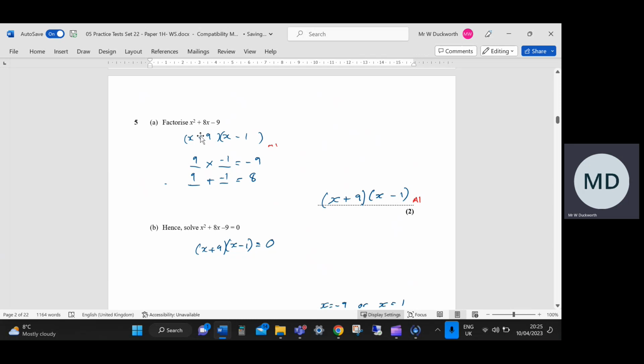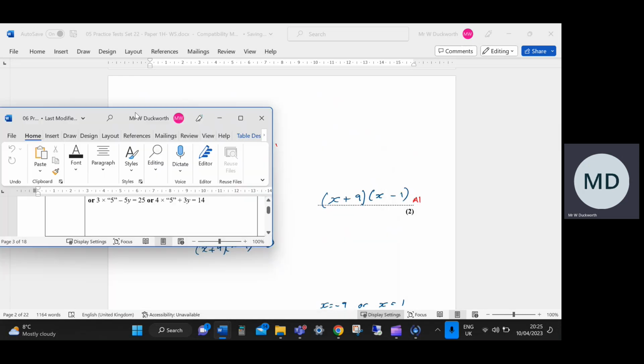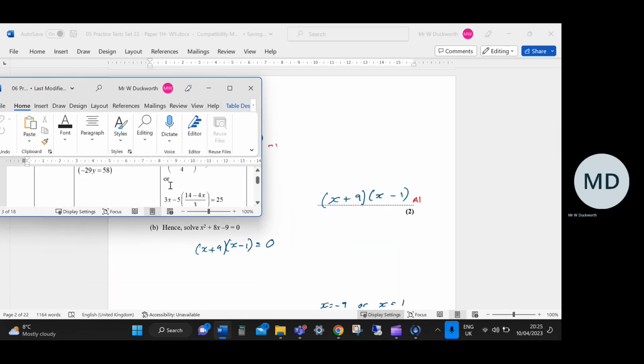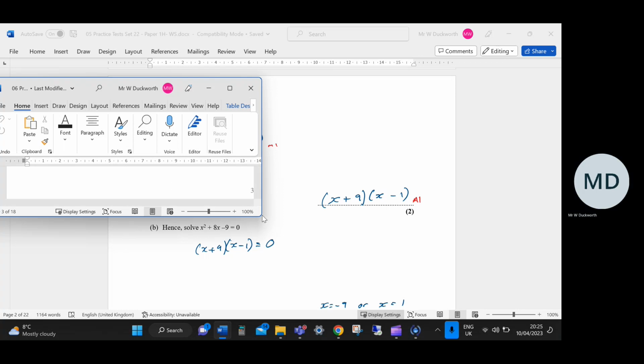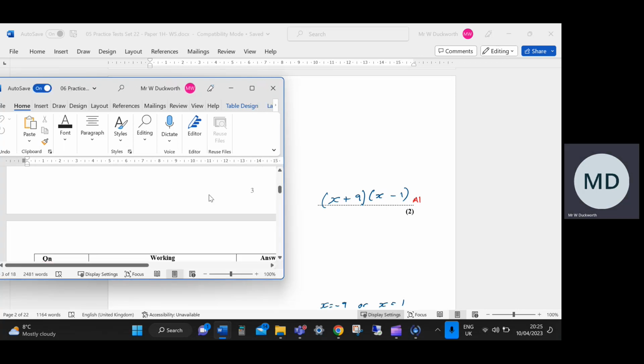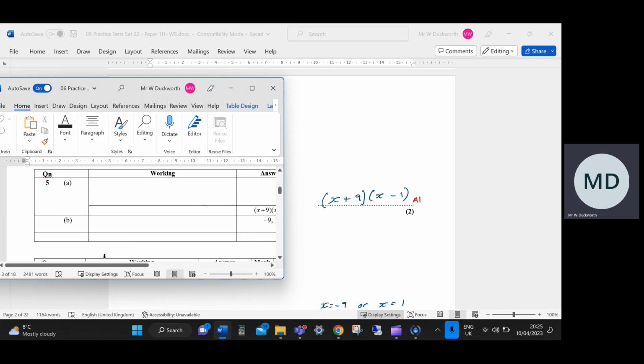Technically speaking, if you got these the other way around, you would still pick up 1 method mark. Or if the 2 numbers that you had here, so I'll actually bring the mark scheme in just to explain it in a bit more detail, just because it's worth discussing very briefly.